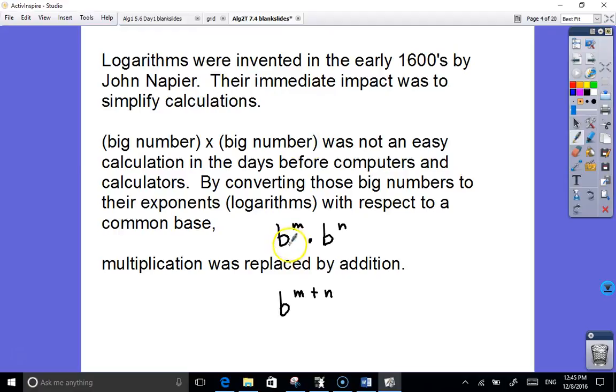Then I can use the properties of exponents to multiply those two numbers. I just have to add the exponents. And so that turns multiplication, which could be a longer, harder process, into addition, which should be pretty easy. So that was the first thing that they did when they had logarithms. It turns multiplication into addition.